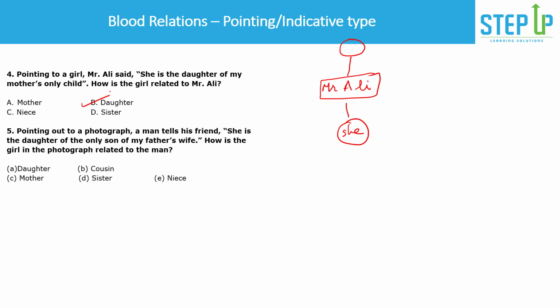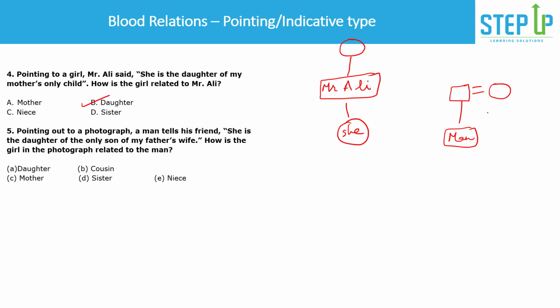So let's attempt one more question on this. Now he says, pointing out to a photograph, a man tells his friend, so this man, that means he's a male, right? He says, she is the daughter of the only son of my father's wife.